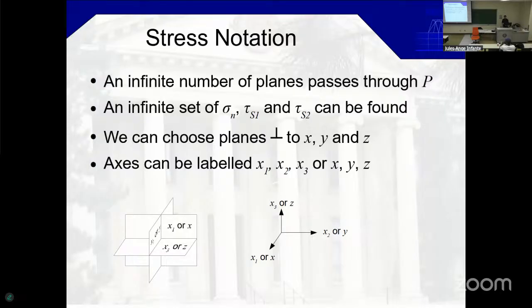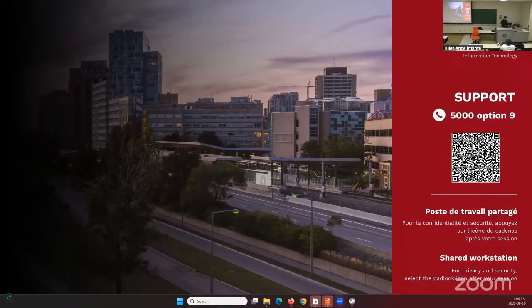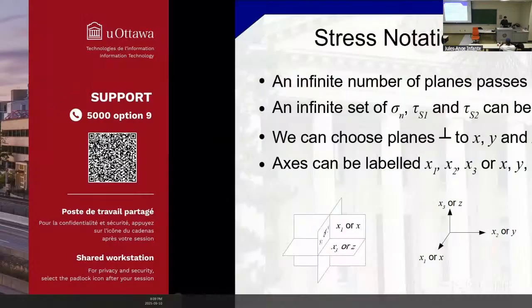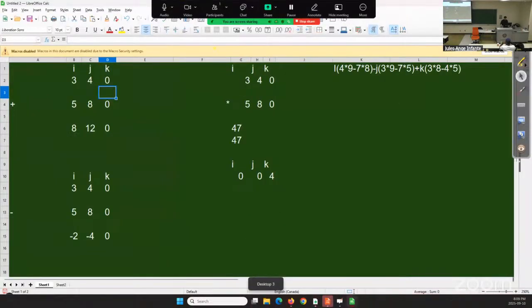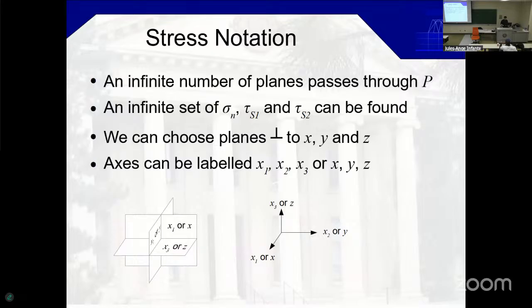Now, whenever you're going to look into the literature, you will see that they have different notations for the stresses in different directions, okay?